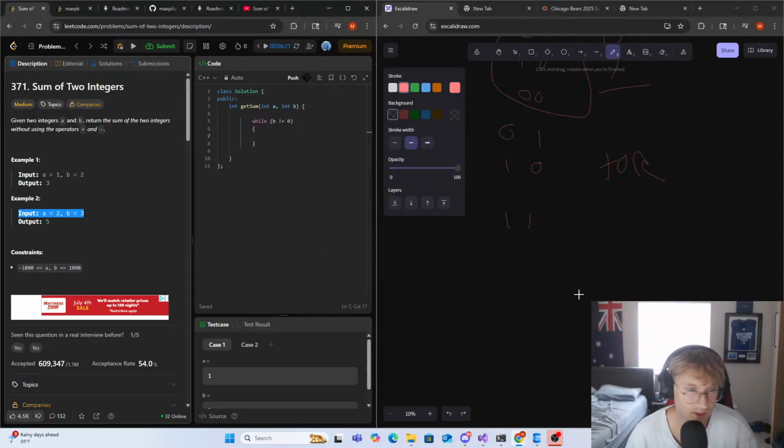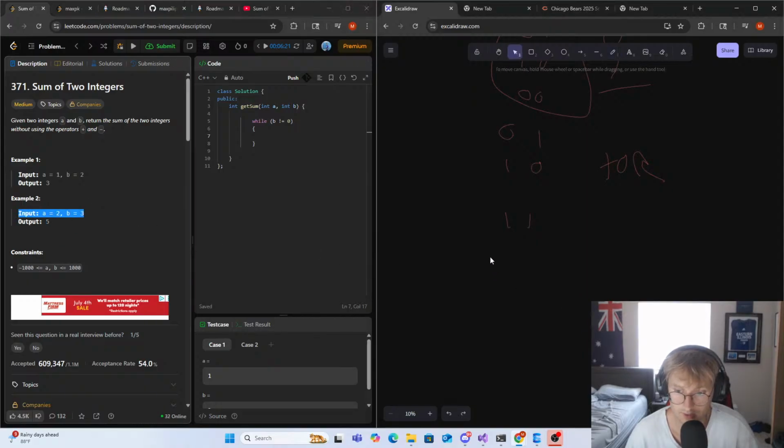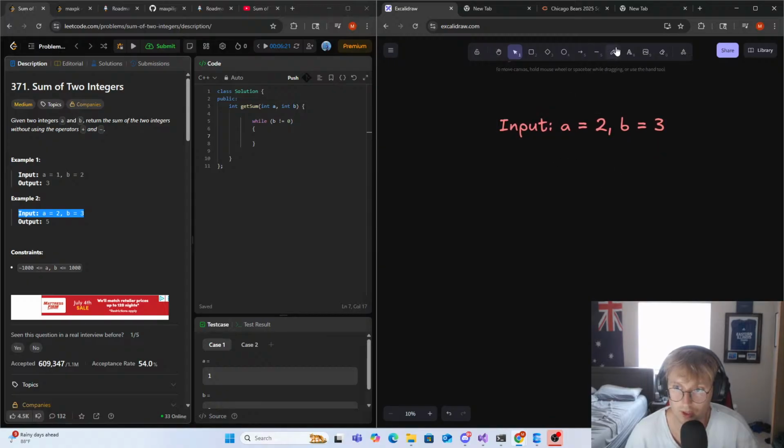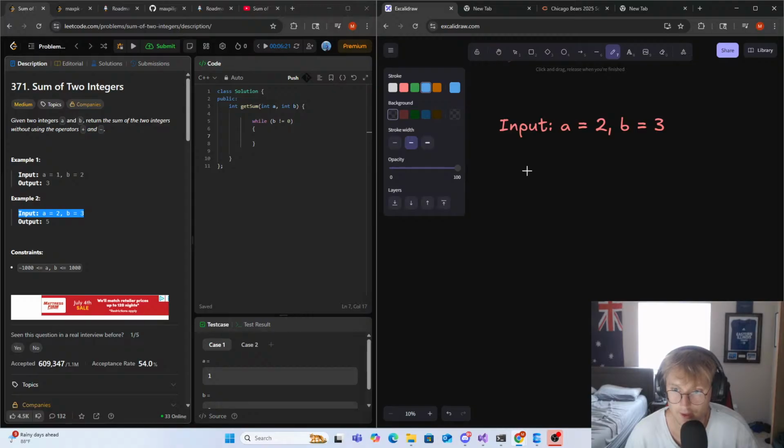Let's use a different input. If we're working with A, A would be 1, 0, which represents 2.